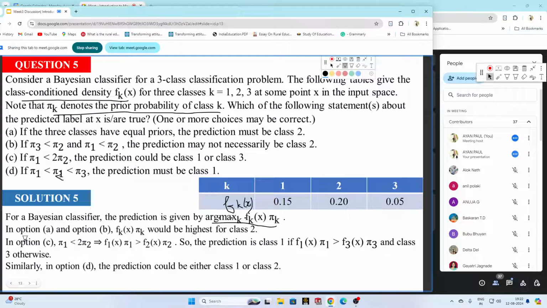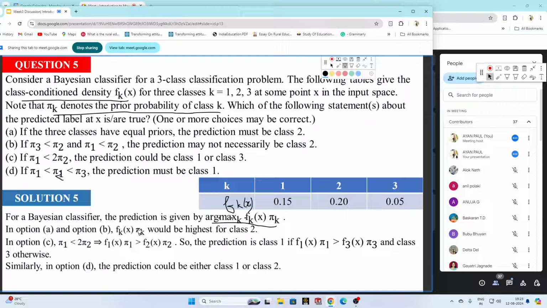Now in options A and B: if the three classes have equal priors, that means pi 1 equals pi 2 equals pi 3, then the argmax depends only on f_k(x) pi k.